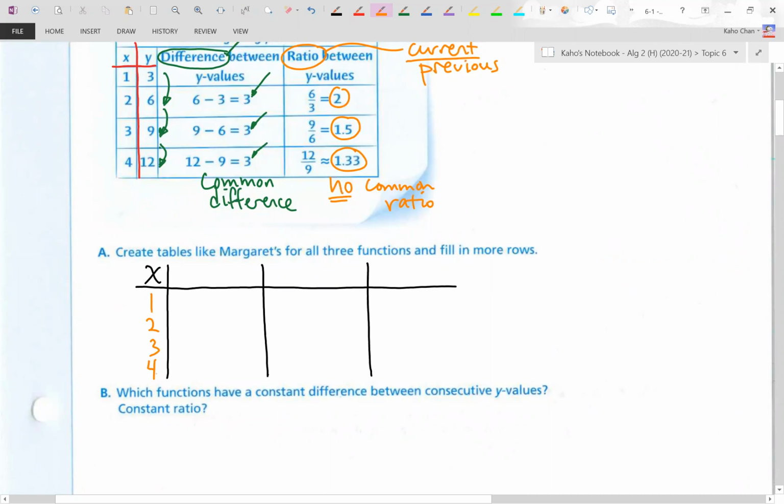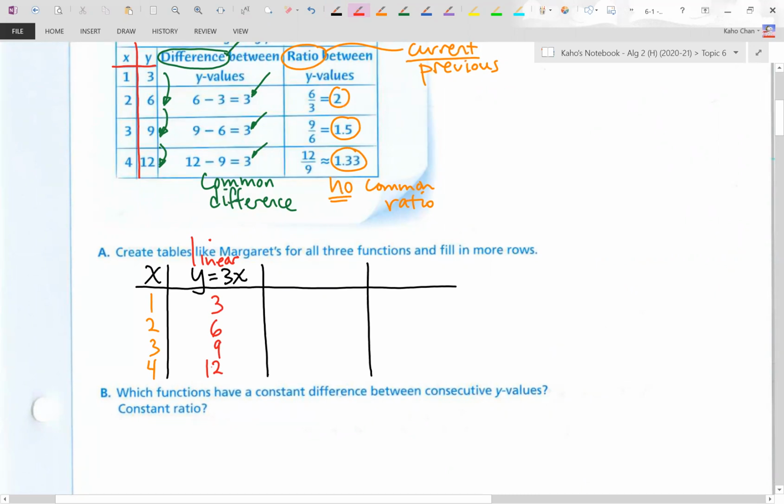We're just going to recopy what we had for the linear in the second column, y equals 3x. This is the linear function. And I'll just copy those numbers from the previous table, 3, 6, 9, 12. And that, of course, will graph a linear function.